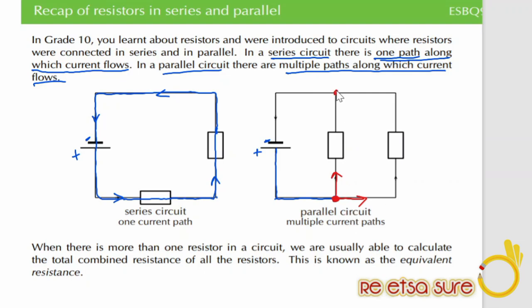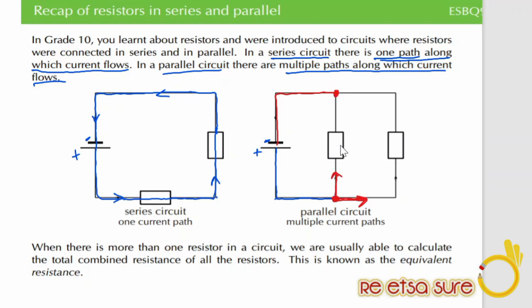Immediately when they reach this point, the current flowing in this direction and the current that was flowing in this direction combine, and they flow as total. But when they get here, it splits again, one in this direction and the other in this direction.